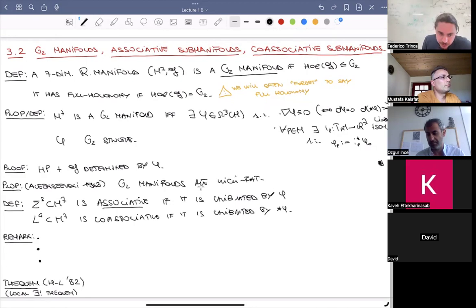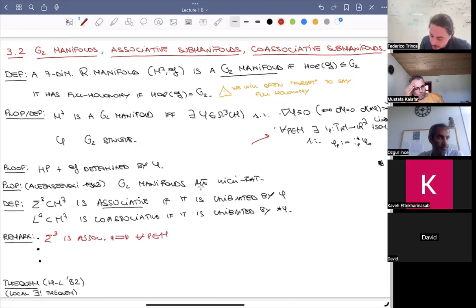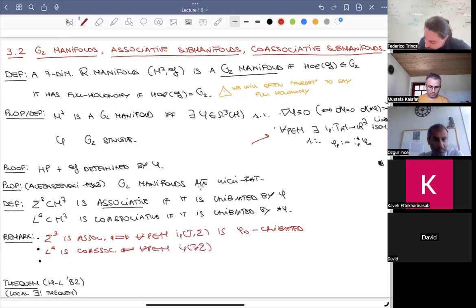And in particular, what we can see by this correspondence between the linear model and the tangent space is that sigma 3 is associative if and only if for every point P in M, IP of TP sigma is phi 0 calibrated, and the same for the co-associative, with star phi 0 calibrated.